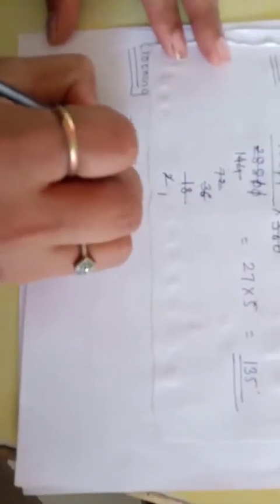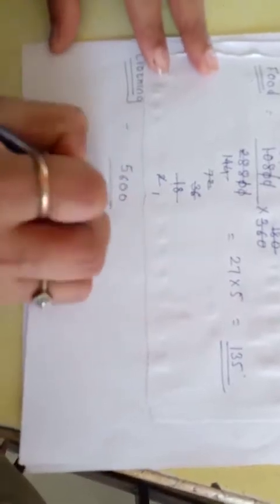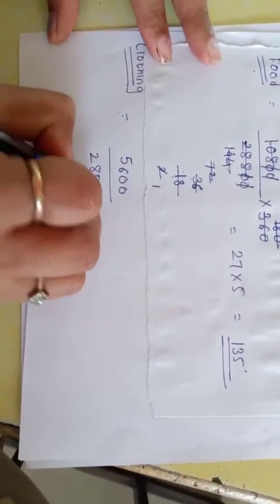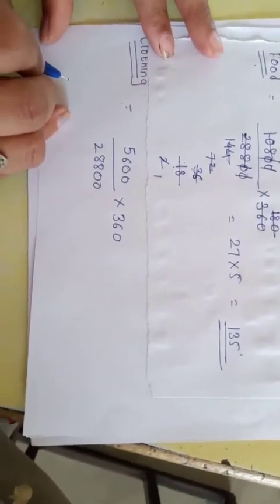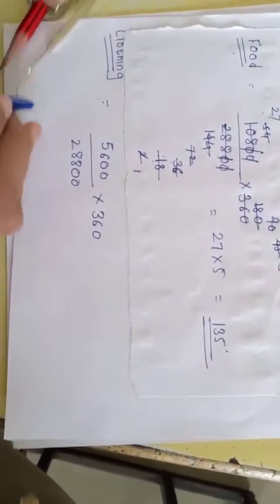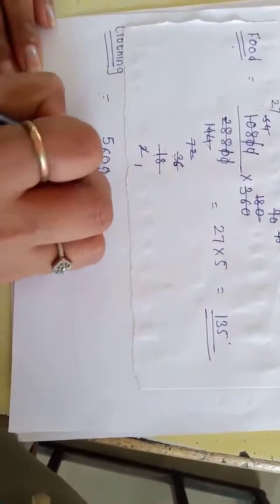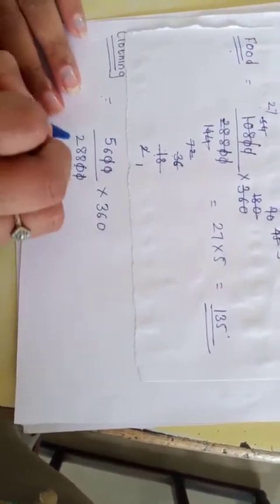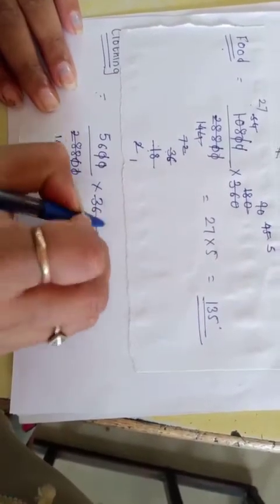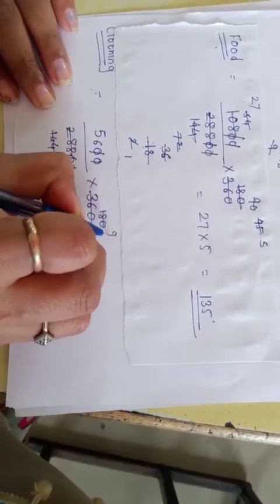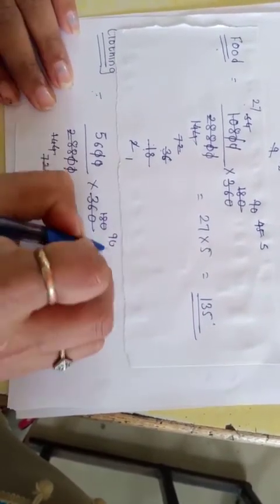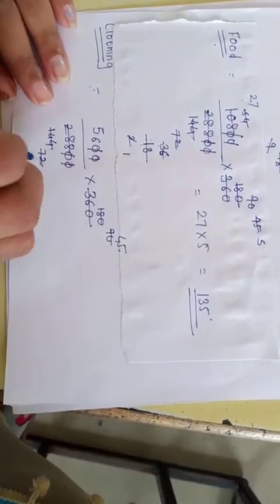Now next is clothing. So now we will be doing clothing. So what is the value of clothing? 5600 upon 28800 into 360 because this is our formula. So how we will be solving it? Yes, we will be cutting these 2 zeros. Then 144, 180, 72, 90, 36, 45.